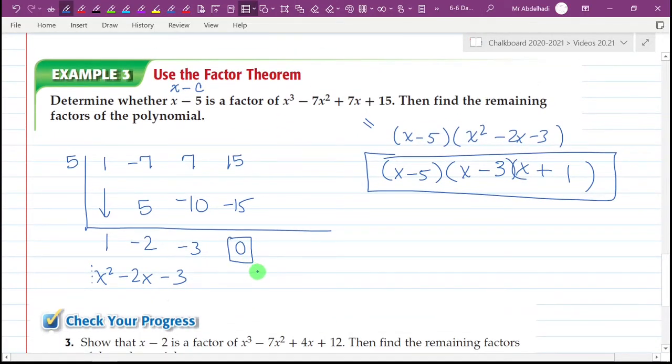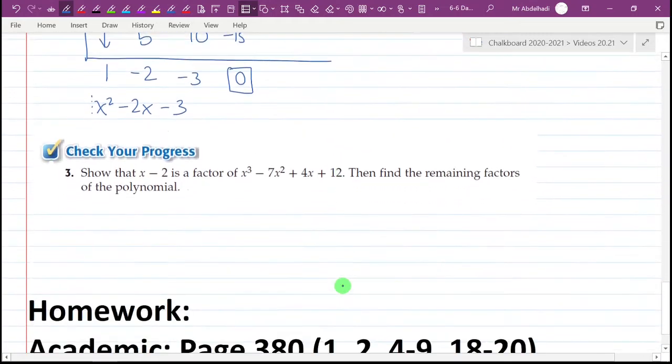Actually, this makes a lot of sense, because if you plug 5 into this function, let's say this is y equals, and you plug a 5 into all these x's, you will get y equals 0, which means you're getting an x-intercept. And if you're getting an x-intercept, then 5 is a root. And if 5 is a root, then this has to be a factor. So this all ties into what we learned before. But let's not get too crazy here.